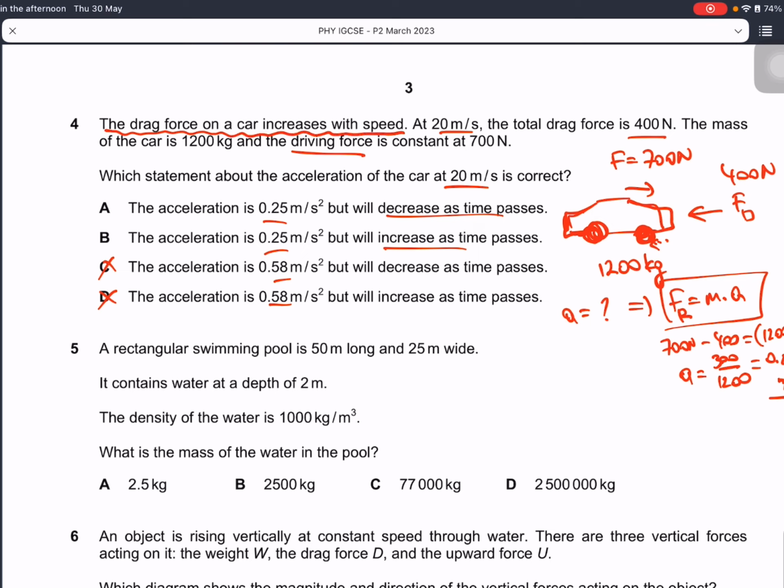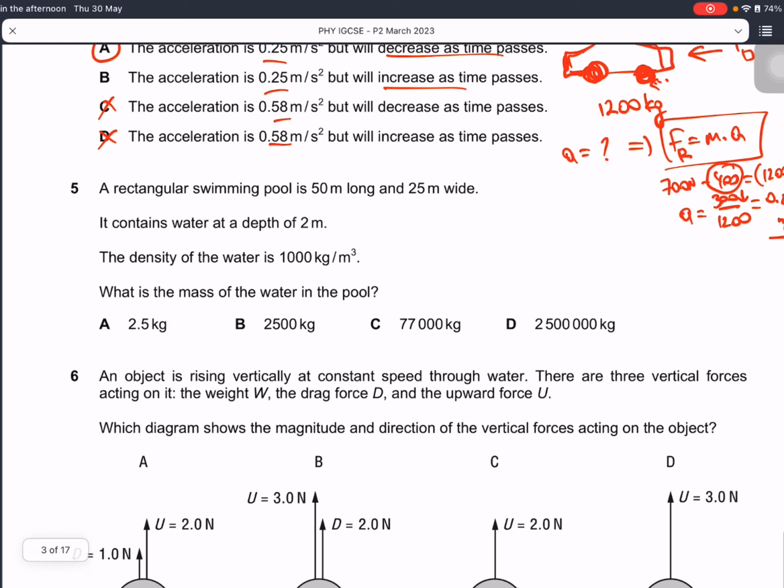So 700 minus 400 becomes 300, divided by 1200. If that value 400 increases to, let's say, 500 or 600, what makes the acceleration increase or decrease? Of course decrease. This is constant, so if the result drops down, acceleration would drop down as well. It's definitely going to decrease. So 4 is going to be A here.